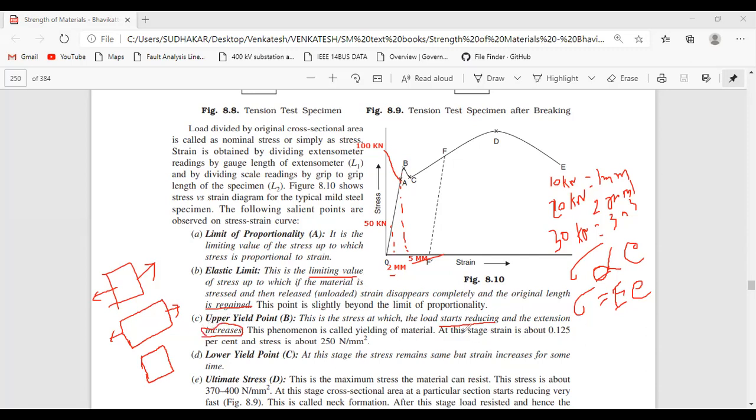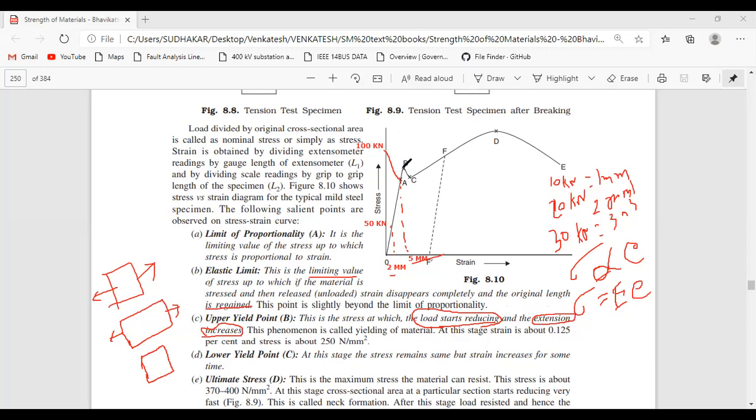Load starts reducing, and the extension increases.